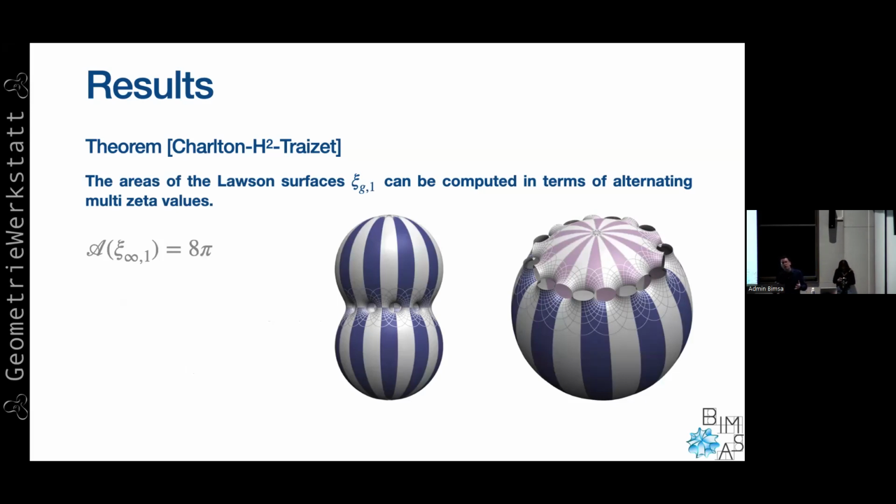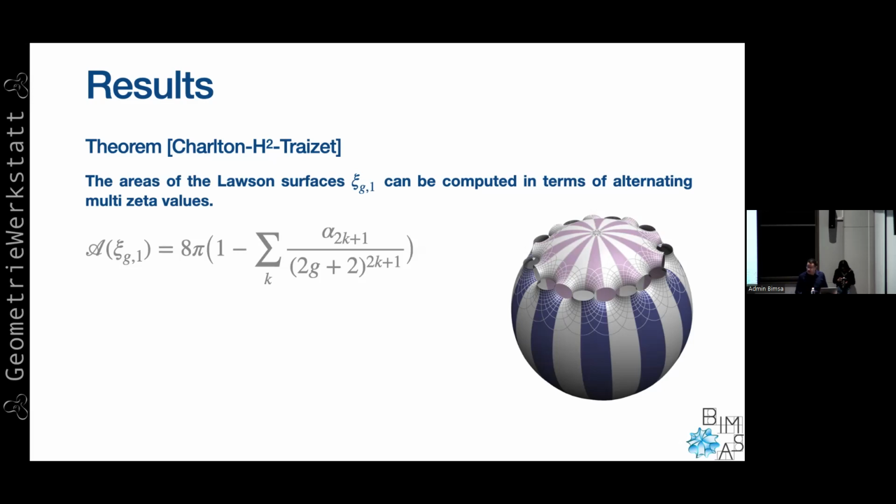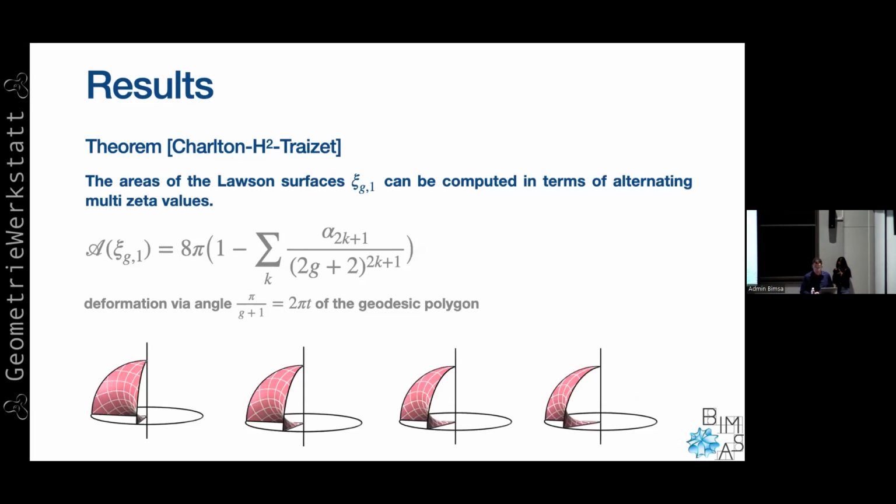Then we deform the genus. If we do that, we get some kind of formula for the area of these surfaces as an expansion in the genus. The geometric idea behind that is that we deform the angle of the fundamental polygon. To be more concrete, these two angles, this angle here and the opposite one, are pi half, and we only deform these two opposites.